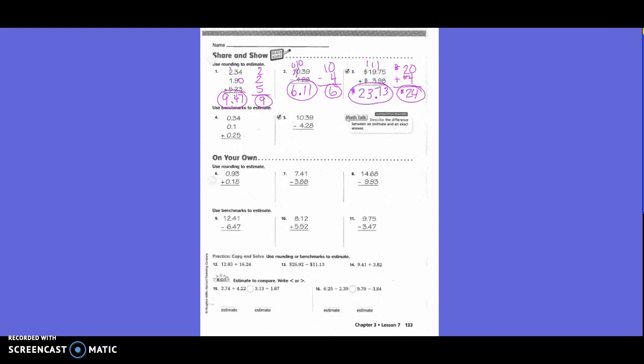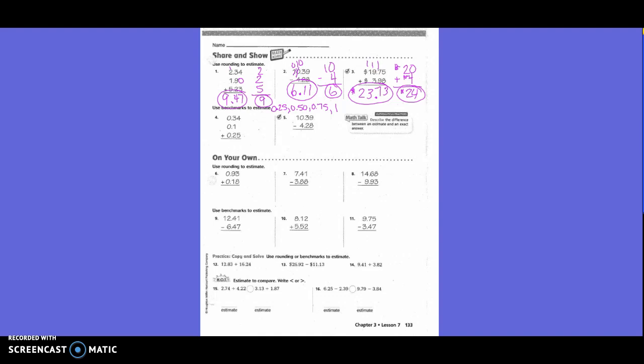Yes. All right, 4 through 5, they want us to use benchmarks. And what did we learn our benchmarks were? 25 hundredths. What else? 50 hundredths. 75 hundredths. And 1. Right? Okay. So, first of all, we're going to estimate.